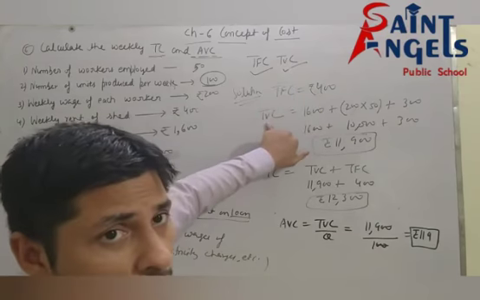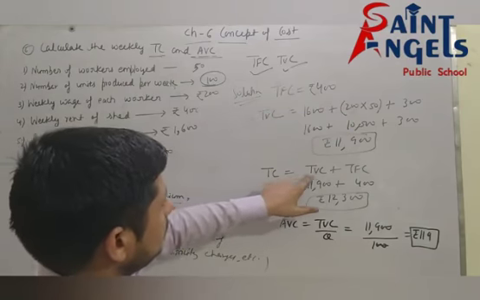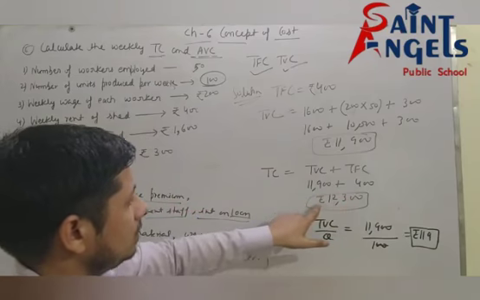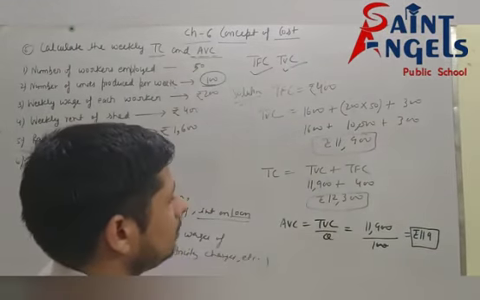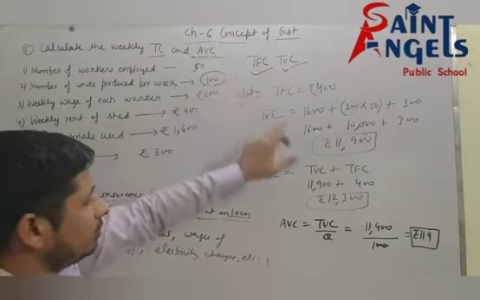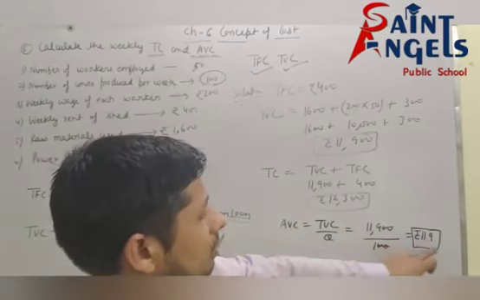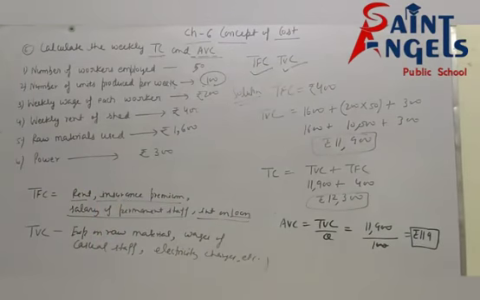Then after we will calculate total variable cost, and what is the formula of TC? TVC plus TFC is equal to this, and so final answer is rupee 12,300. And AVC, TVC divided by Q. Q is equal to 100 units. So 11,900 divided by 100. So you will get AVC is equal to rupee 119. So please pause the video and note down this.